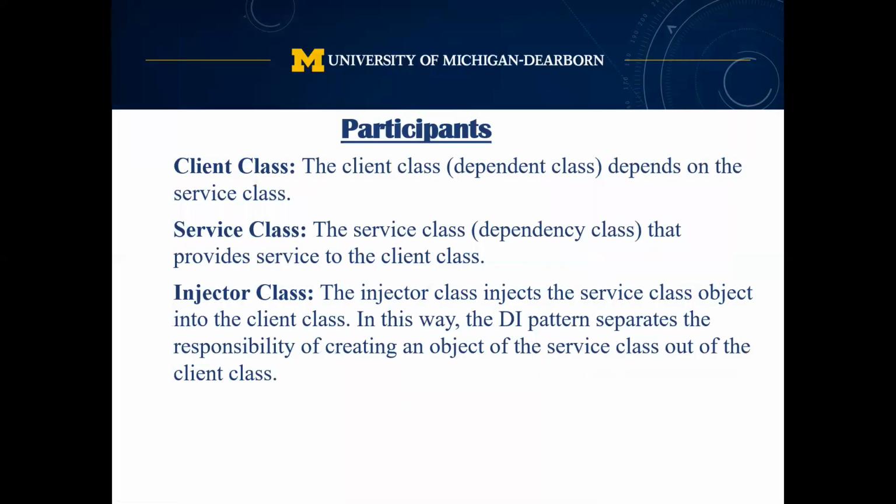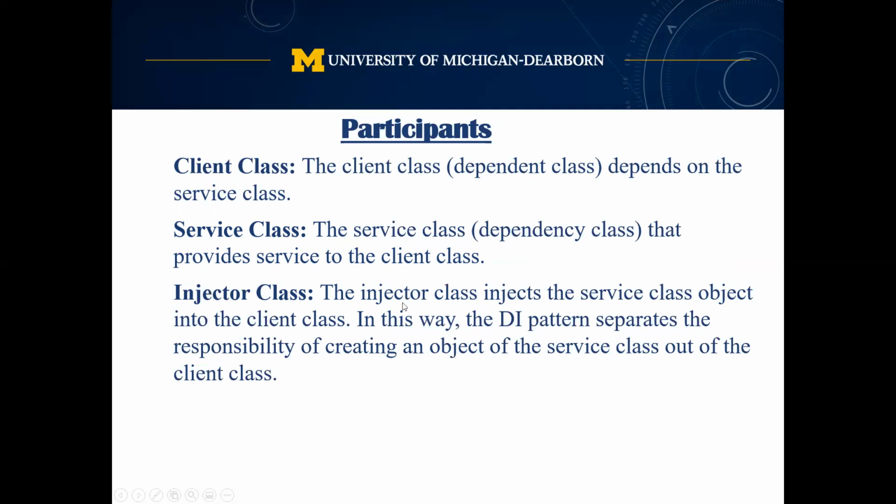The participants are the classes. The client class is the dependent class, which depends on the service class, as I showed you in the previous slide. The service class is the dependency class that provides service to the client class.